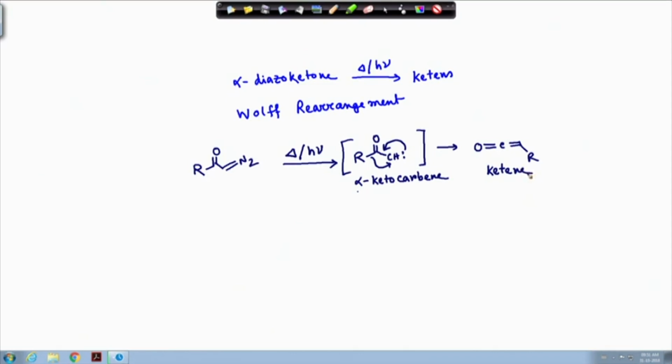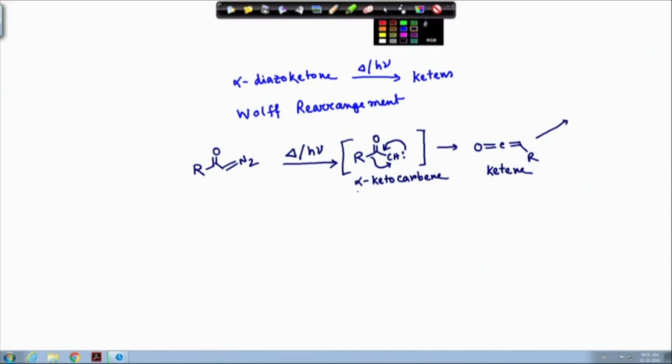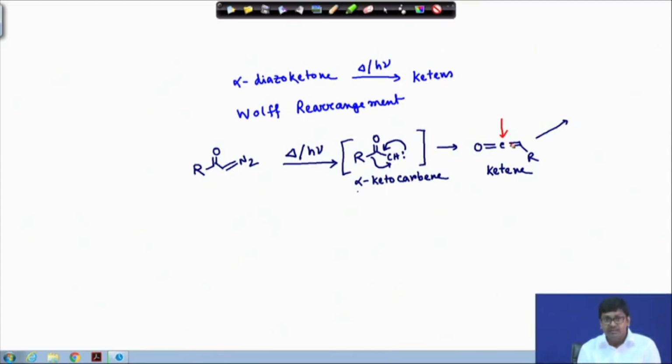So, we are starting from this alpha diazoketone and that is finally generating the ketene. Now, this ketene is ready for different types of reactions; different nucleophiles can attack this center, and once it reacts, it will give different types of products.